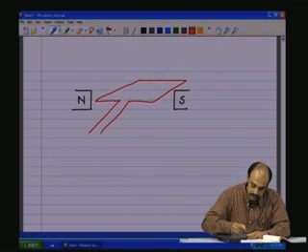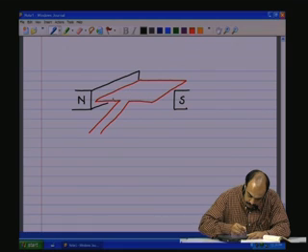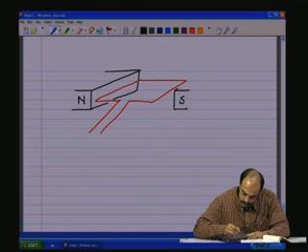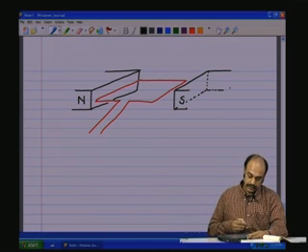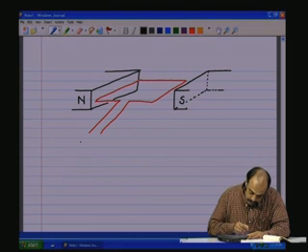In this fashion. See, the poles can of course be extended. And we have the north and the south pole like this. Now, this coil is now connected to the rings in this fashion.